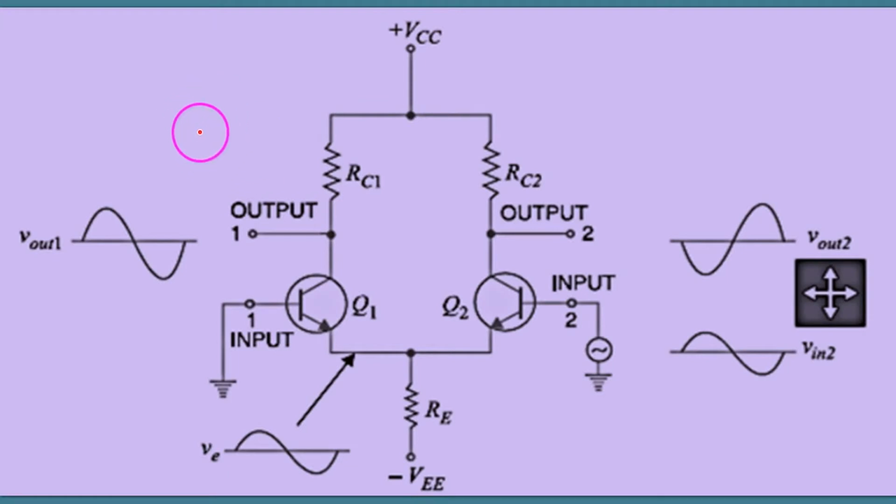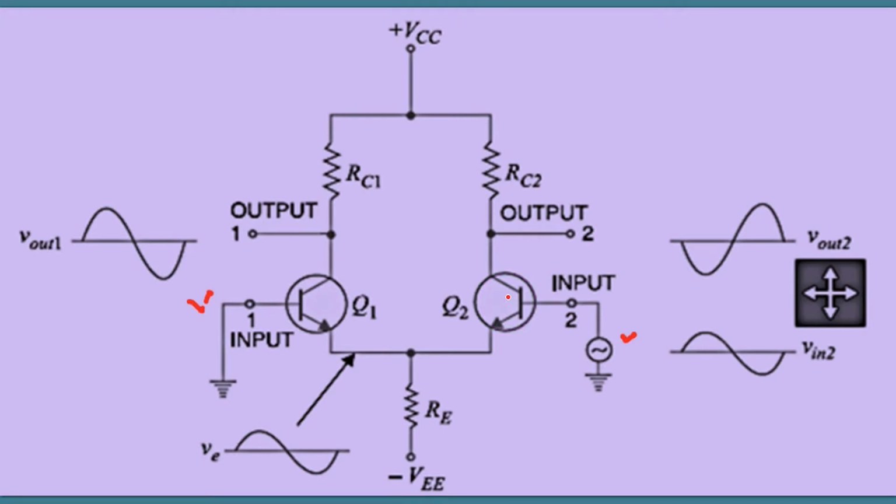Let us consider case number 2. Now the base of Q1 is grounded here, and the input signal is applied to the base of Q2. Now the Q2 transistor acts as common emitter as well as common collector configuration.